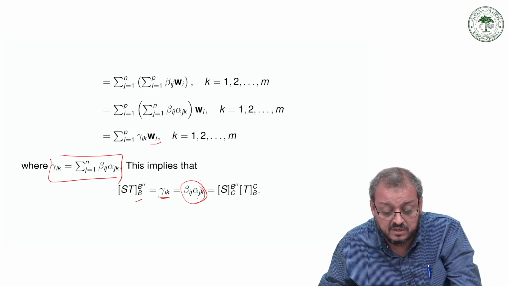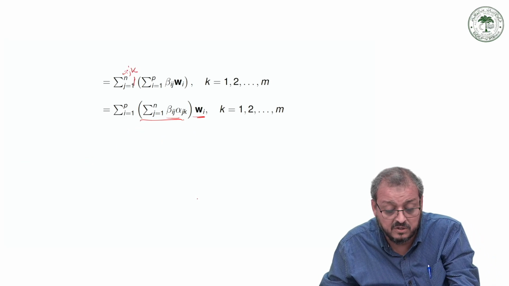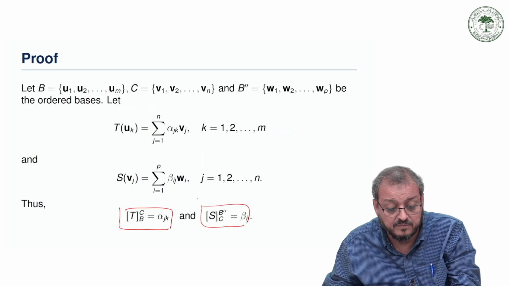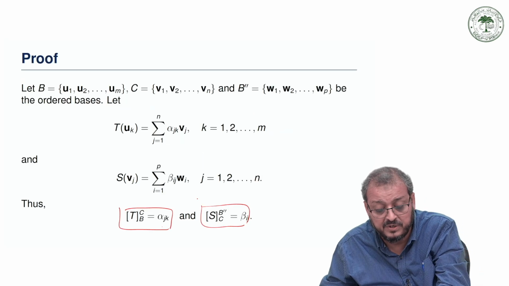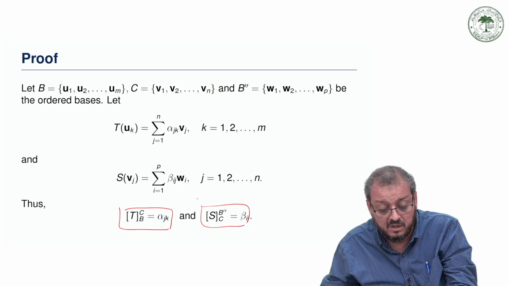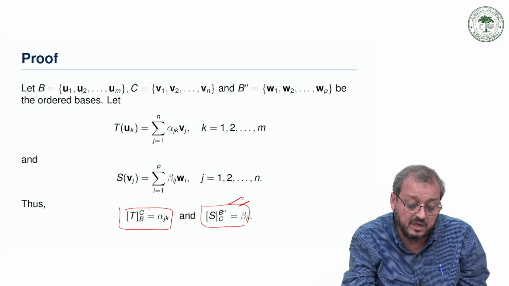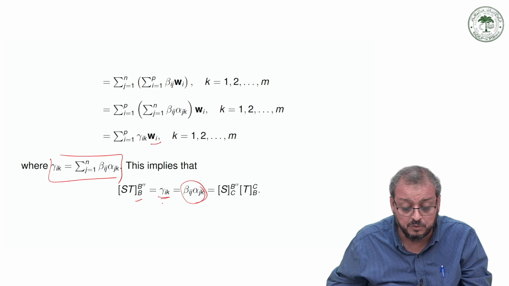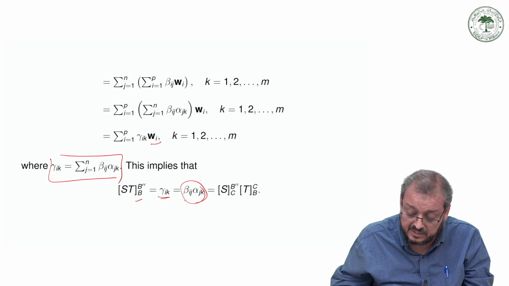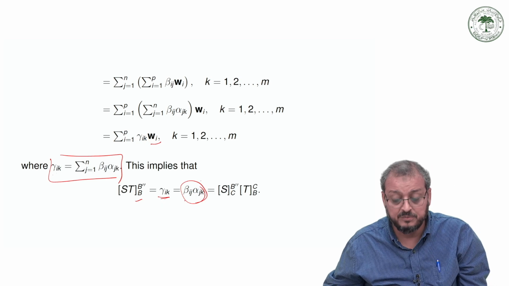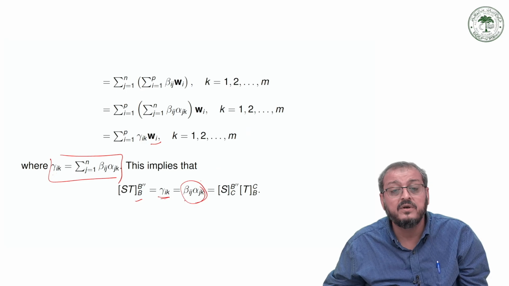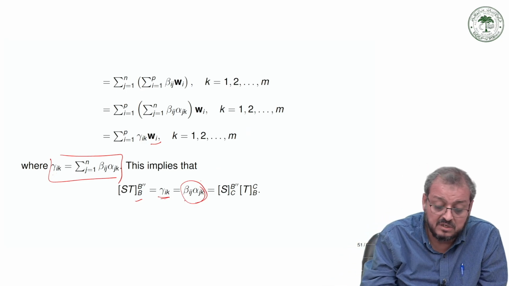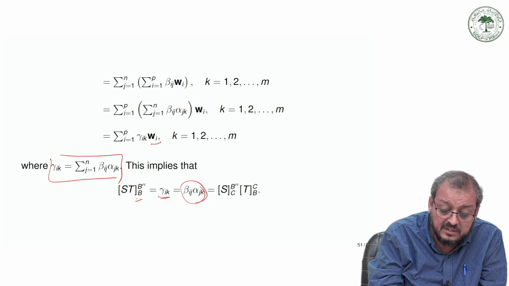Now you see that beta ij is equal to S of this, and then T is equal to this form. We substitute the values for these two, and we quickly get this form. This completes the proof of this composition.